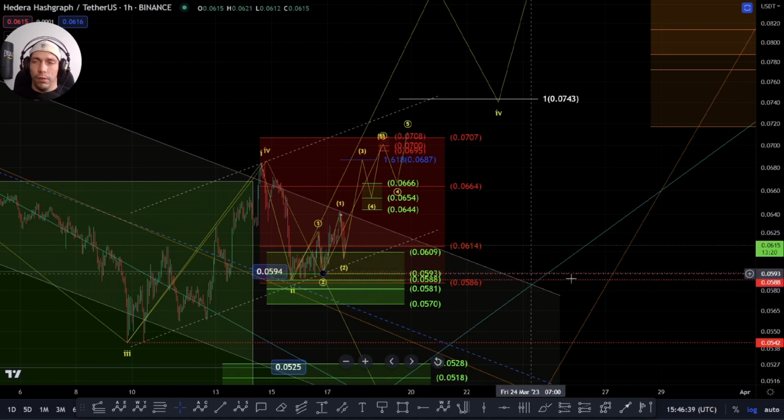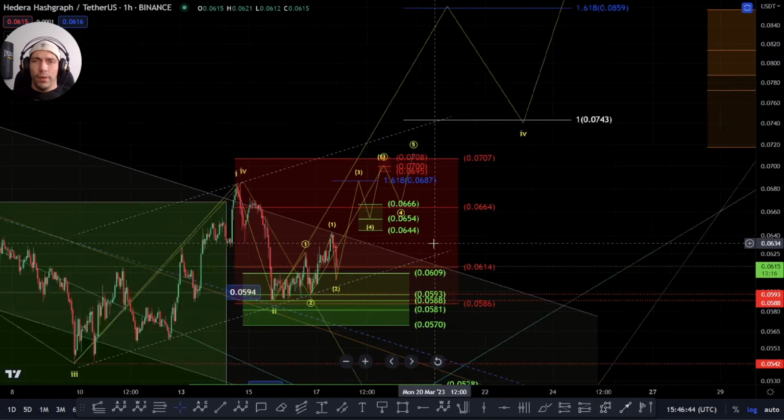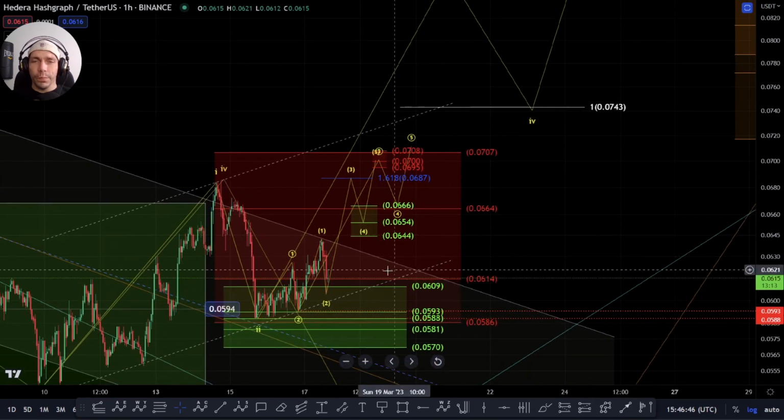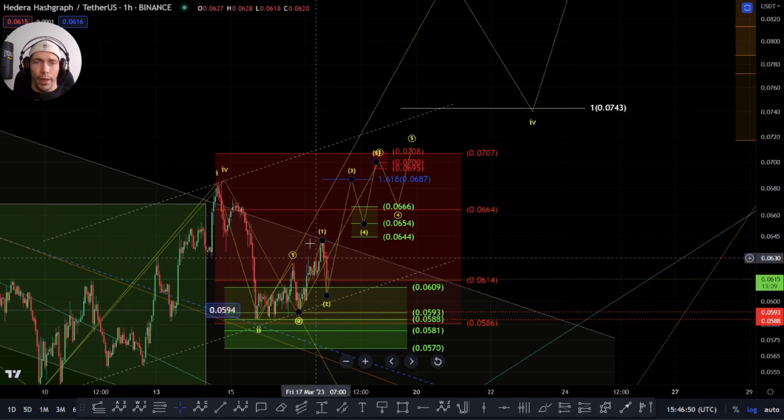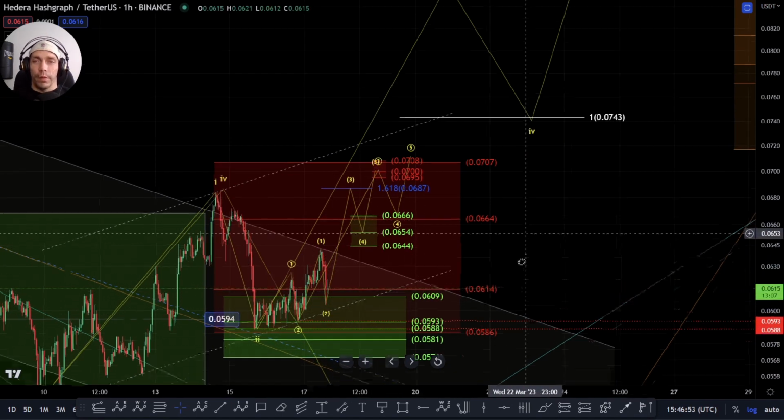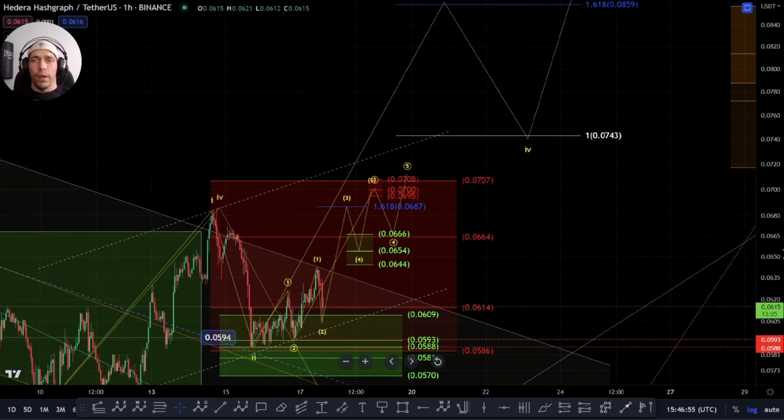For as long as we hold those key zones, like I said, this 0588 and this 0593, potentially we can still look for this upside, but we need to be careful about this move at the end here. This is looking a bit worrying, like it could start to develop as a sell-off to the downside.